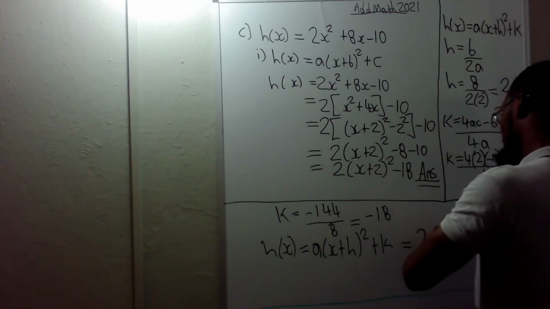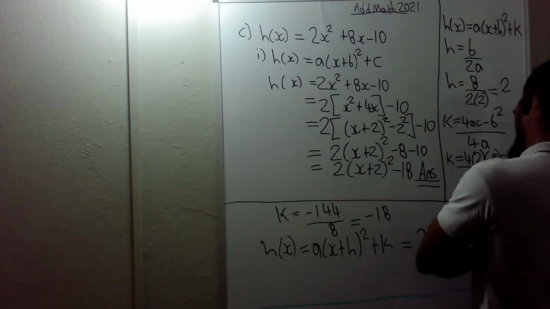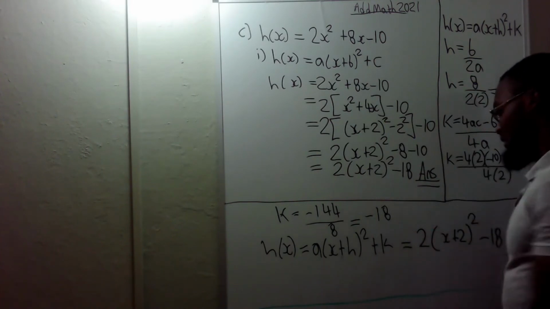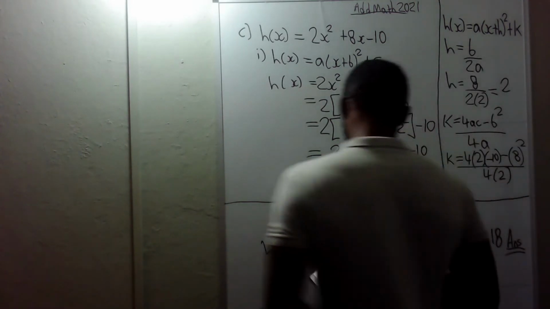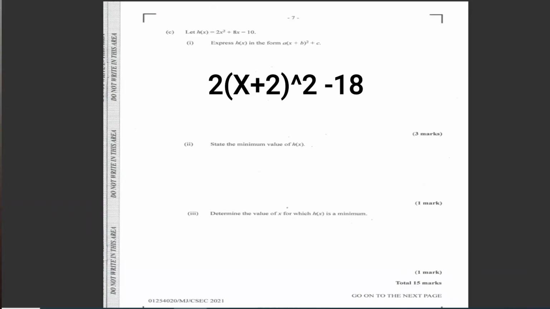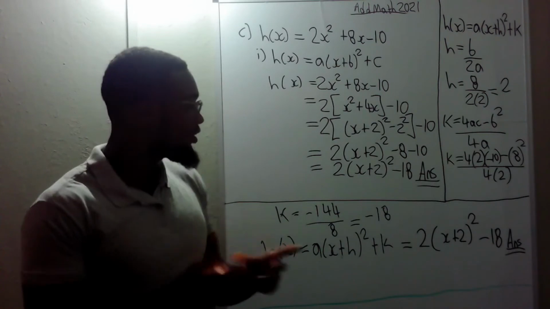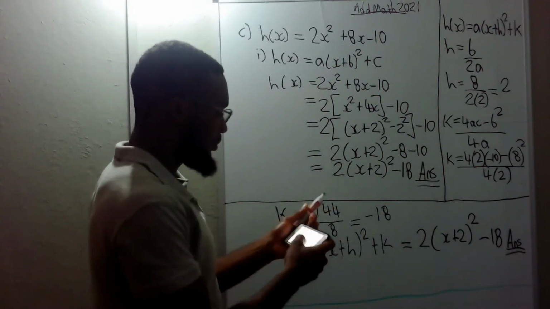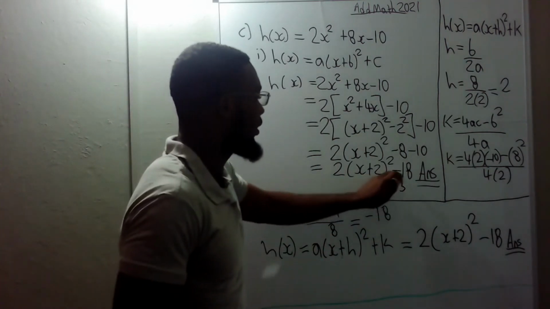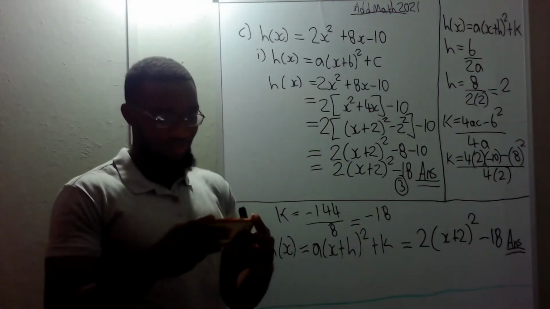So x plus 2 squared plus k, negative 18. That's the answer. So we did the 2 ways. Either way you do it, guys, it's fine. There's another way you can complete the square, but that doesn't matter. Alright? That's 3 marks. Hopefully I've got those 3 marks.